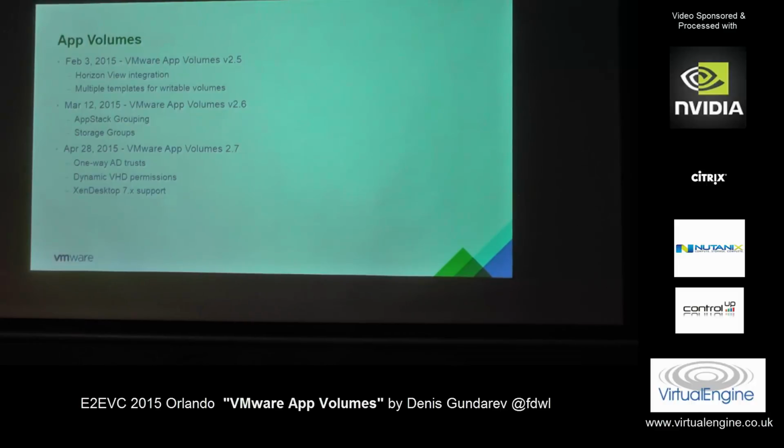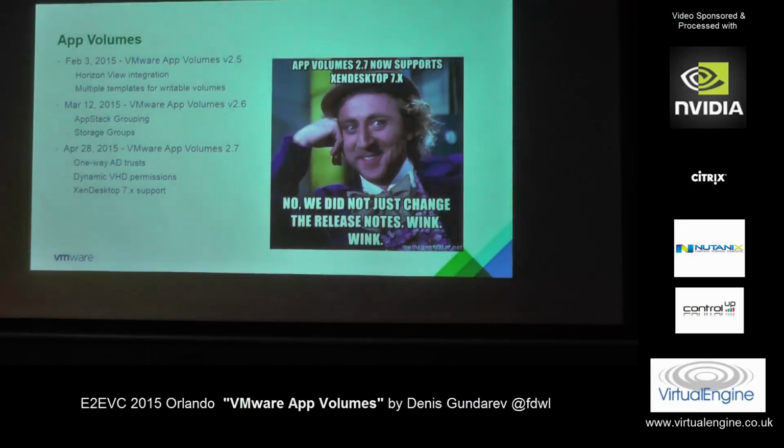Interestingly, we officially started supporting XenDesktop 7.x. When I was preparing this presentation, I was trying to find a funny picture. I usually open Google image search and type the name of the product and joke or meme. The funny thing is that I found this one, and it's not me who created this meme.